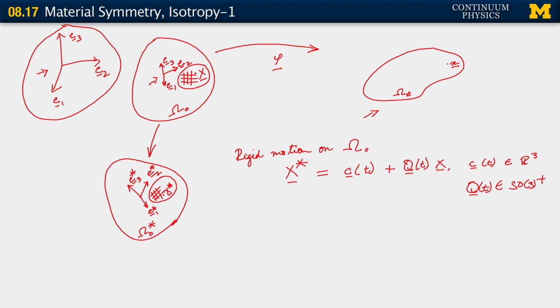Observe that, since I've applied this particular motion upon the configuration, our newly placed vectors are E1 star equals Q E1, and more generally Ei star equals Q Ei. We know about this.